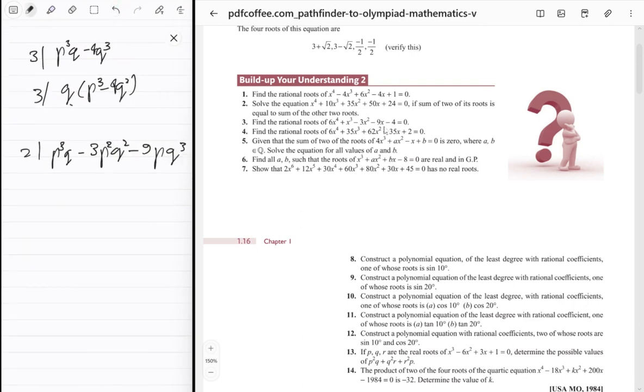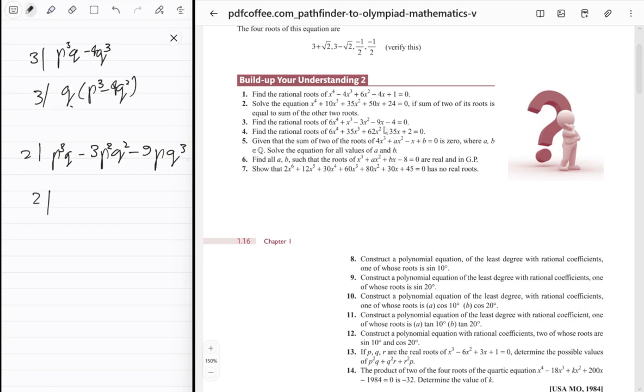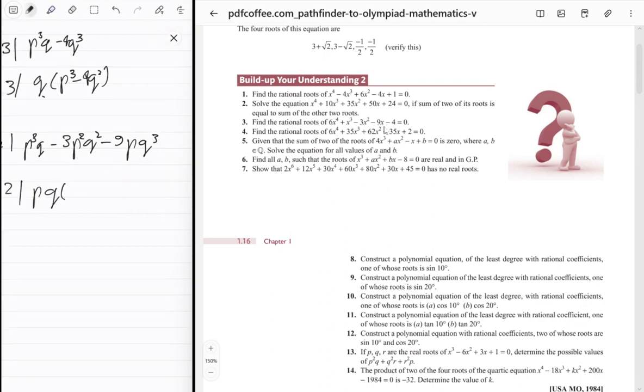So basically 2 divides, we take out some stuff. PQ is common. We got P square minus 3PQ minus 9Q square, right? This thing is not a multiple of P or Q. So it either divides P or it divides Q or it divides this whole stuff.